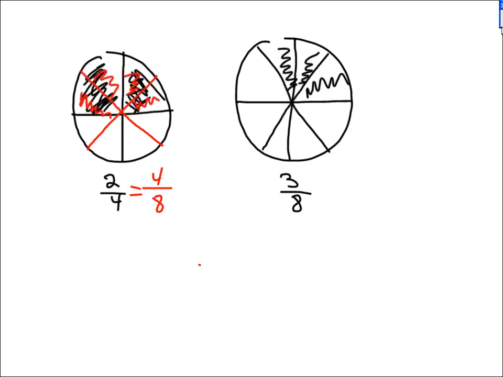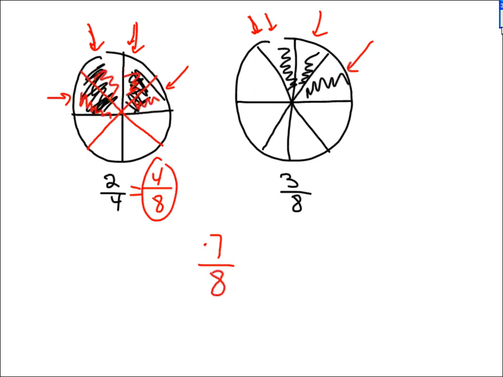Now these pieces in this pie are the same size as the pieces in the other pie. So you can say, oh, you had 7 out of 8 slices: 1, 2, 3, 4, 5, 6, 7 slices out of 8. And they're all the same size. You first had to get them to be the same size.